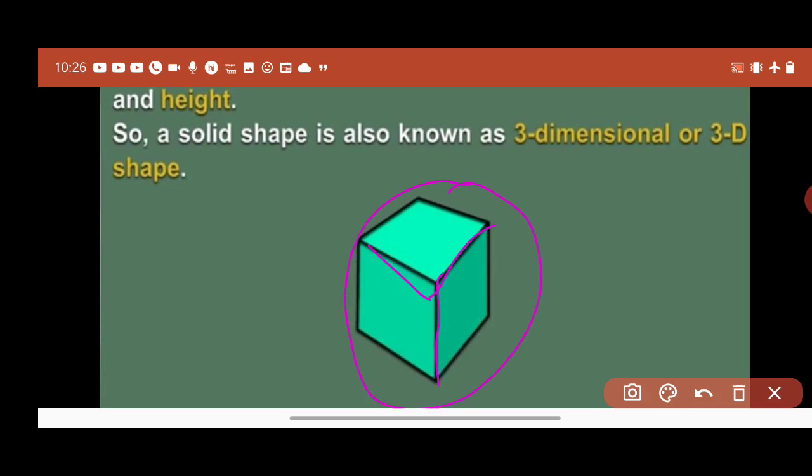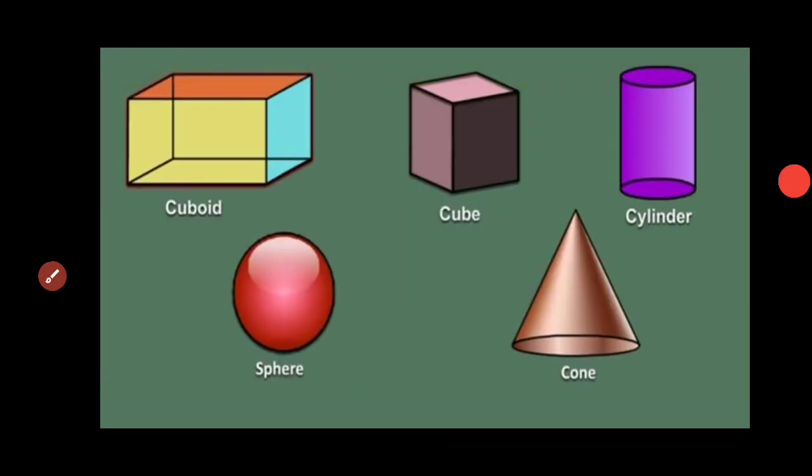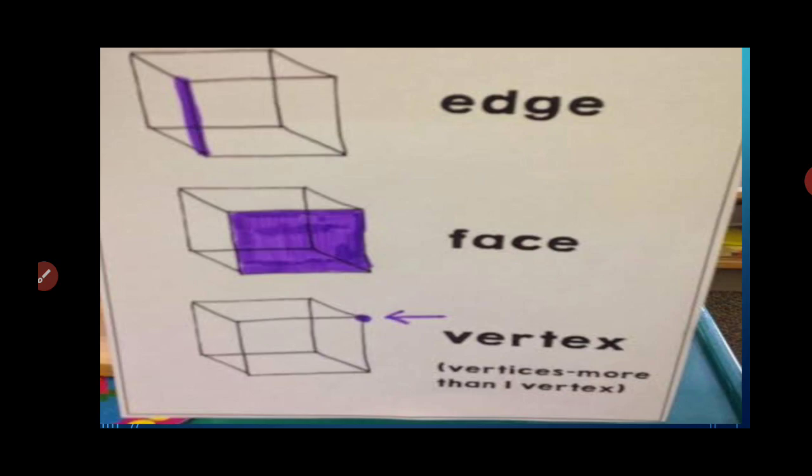The shape which has three dimensions, namely the length, breadth and height, is called a 3D shape. So today we're going to learn about different types of 3D shapes like cuboid, cube, cylinder, sphere and cone.